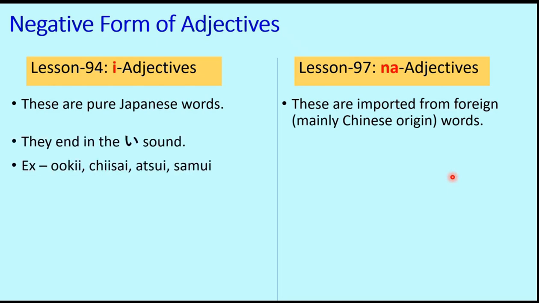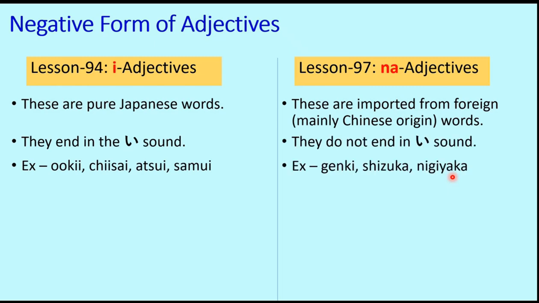The i adjectives generally end in the i sound. For example, ookii for big, chiisai for small, atsui for hot, samui for cold. The na adjectives do not end in the i sound. Example: genki, shizuka, nigiyaka. Genki is healthy, shizuka is quiet, nigiyaka is lively.